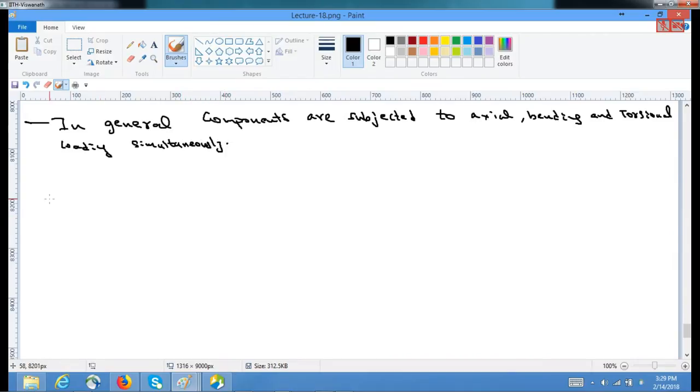In order to deal with it, we have to work out how to calculate fatigue stresses under combined stresses.